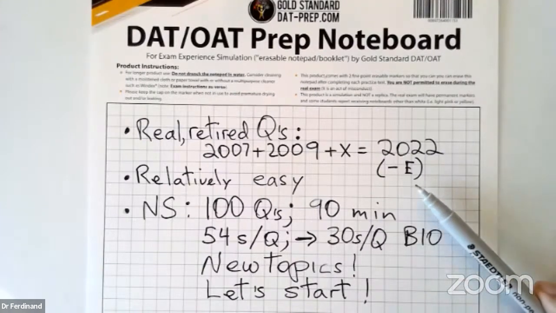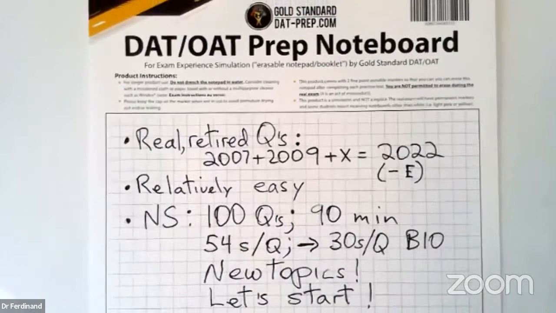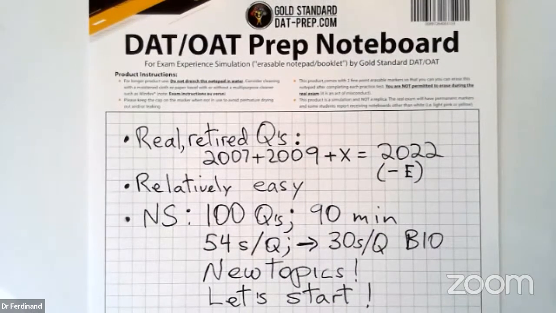I put a little E over here because traditionally the DAT had 5 multiple choice options. So you had A, B, C, D, or E, and it was like this for decades. Although in this new exam they have removed E for most of the natural sciences questions.